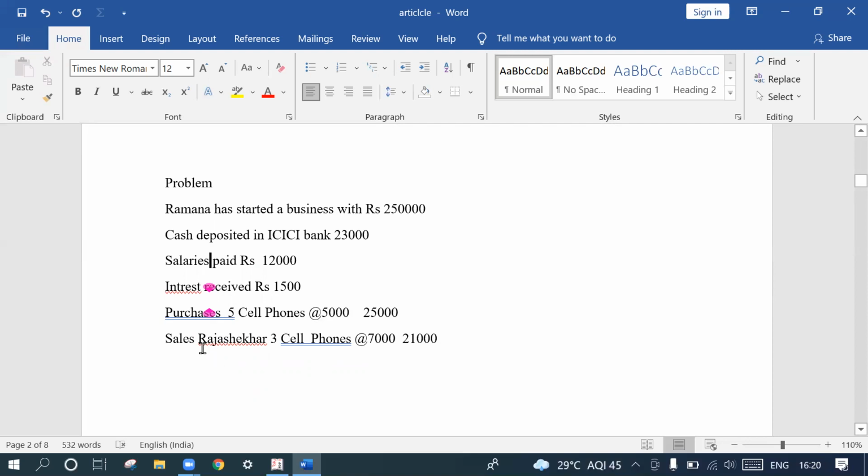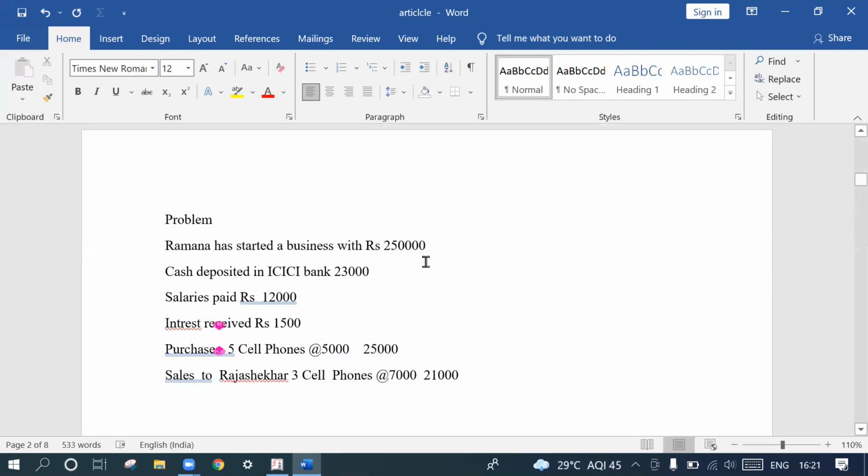Sales to Rajshekhar. 3 cell phones at the rate of 7,000 each. So now this is a problem. As you know very well, there are 3 steps in the Tally ERP9.